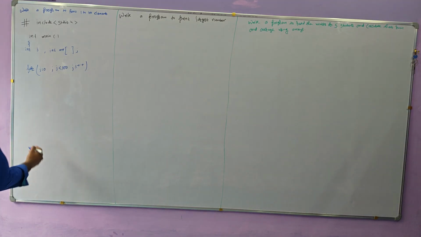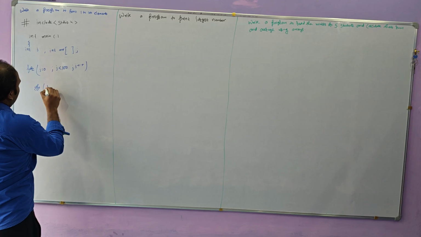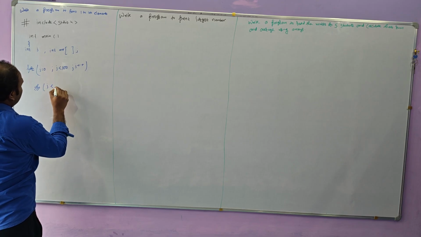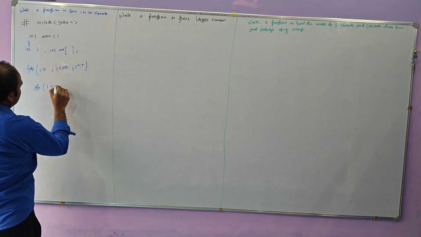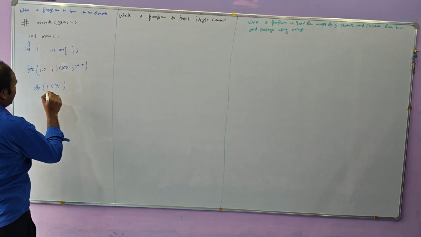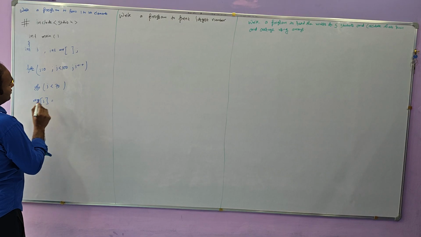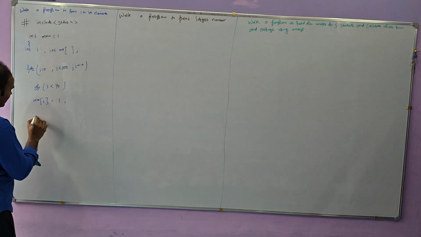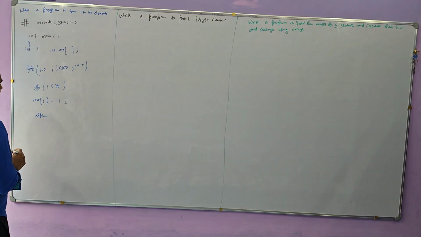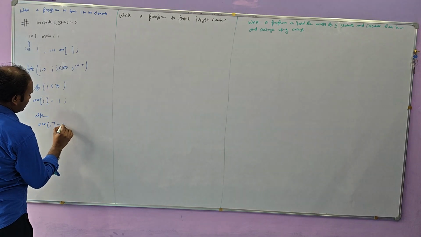Now, if i is less than, suppose, 70: if i less than 70, ar of i is 1, else ar of i is equal to 0.